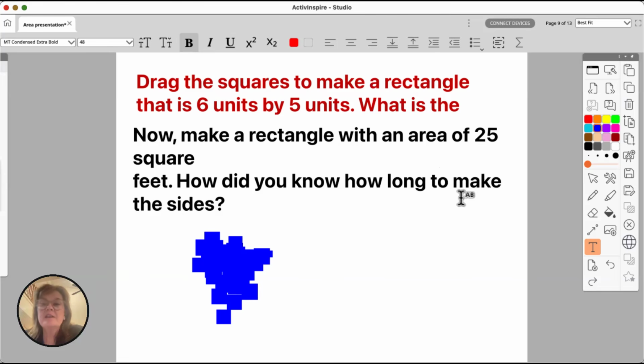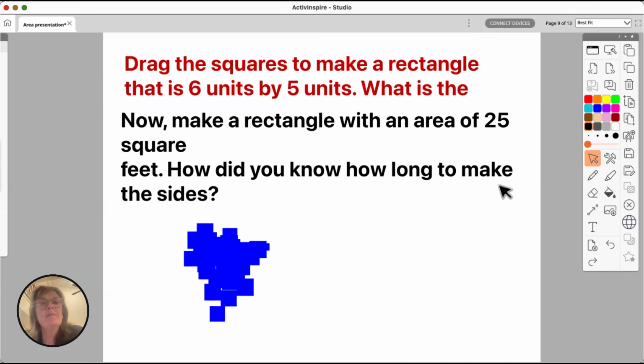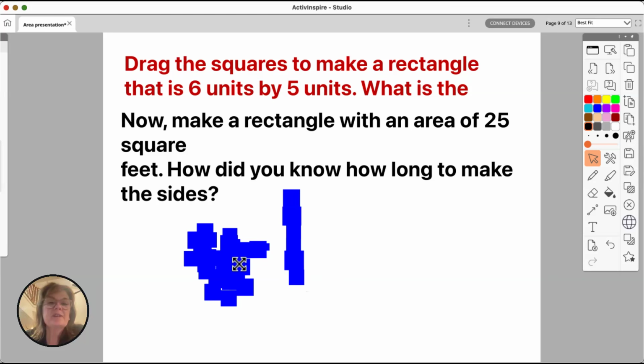All right, so now let's think about if we want to make a rectangle that is 6 units by 5 units, what would we do? Well, we want to have 6 rows of 5. So let's make 6 rows. 1, 2, 3, 4, 5, 6. 6 rows of 5.